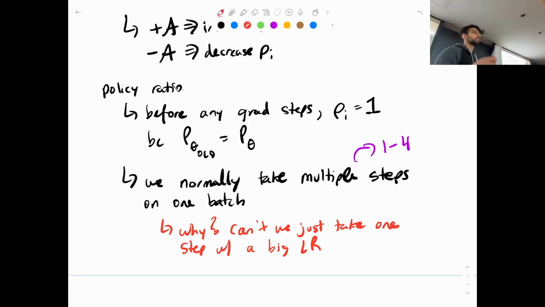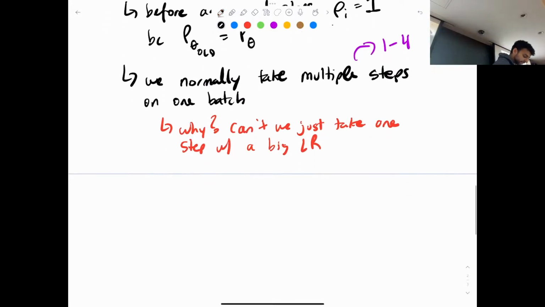Any other ideas why we might want to do this? Exactly, that is correct. So let me just write down what he said, and then we'll come back to this.